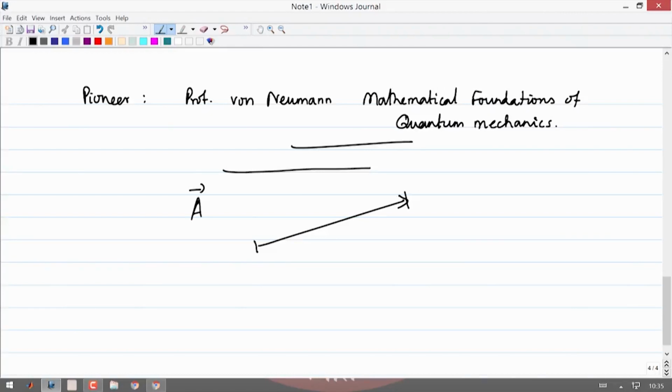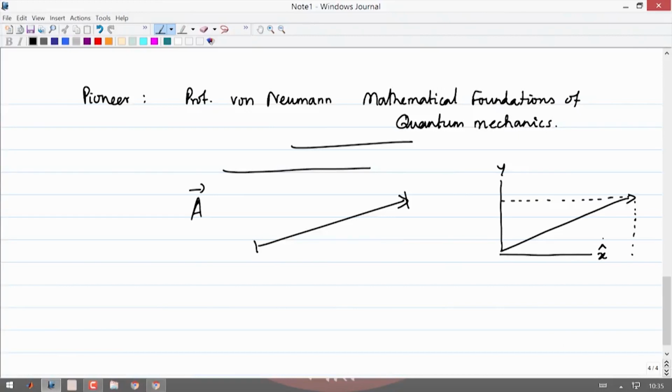Now one further step is to associate a coordinate system. In 2 dimensions it is a planar coordinate system in which the 2 coordinates x and y are orthogonal to each other, and if we represent the vector in the coordinate system, then we write this vector in terms of its components, namely the x component and the y component.